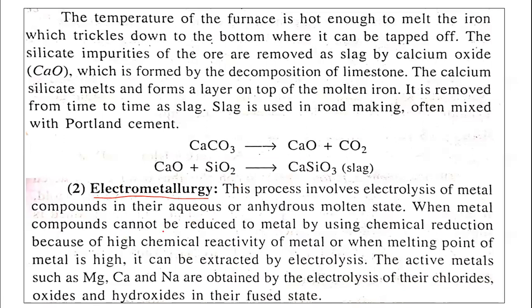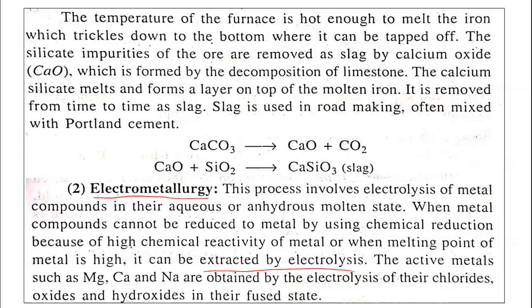When metal compounds cannot be reduced to metal by chemical reduction, because of the high chemical reactivity of the metal or its high melting point, then those metals can be extracted by the electrolysis process, by the electrometallurgy process.